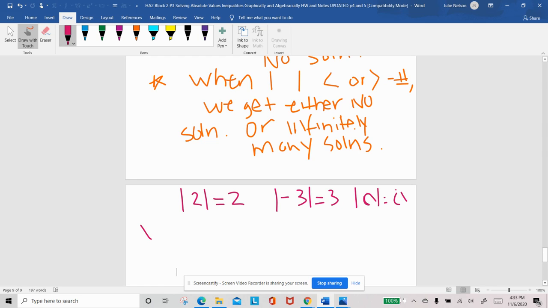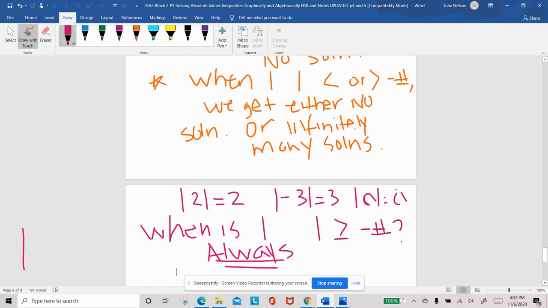So when is an absolute value greater than or equal to a negative number? And the answer to that is always.